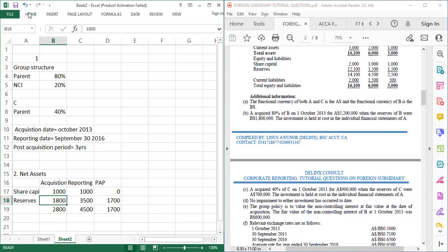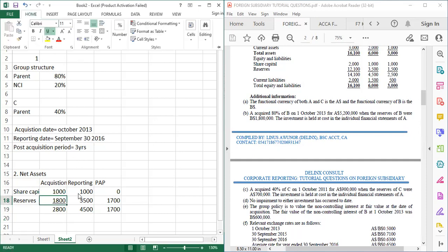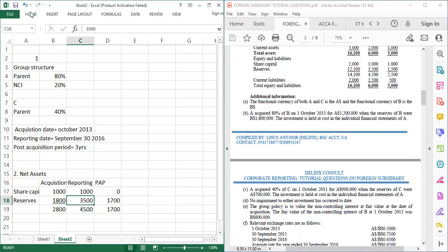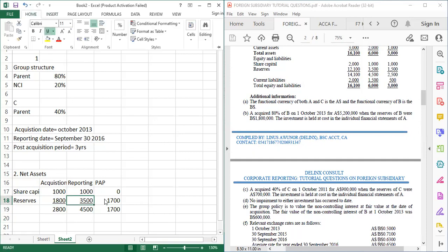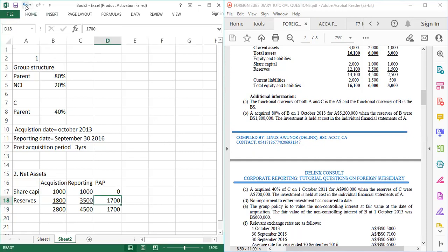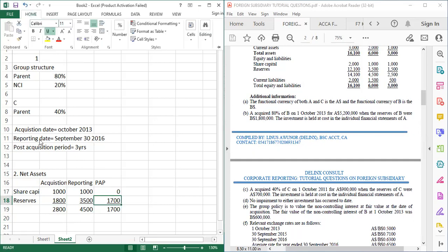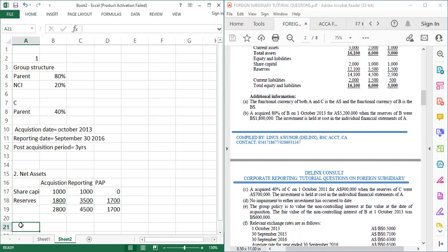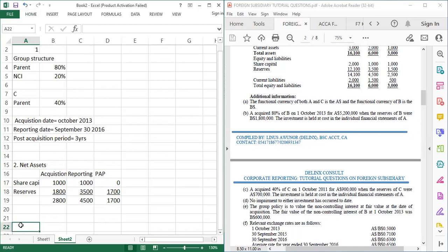Okay, let's now look at the goodwill calculation.